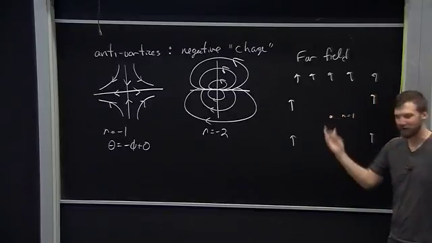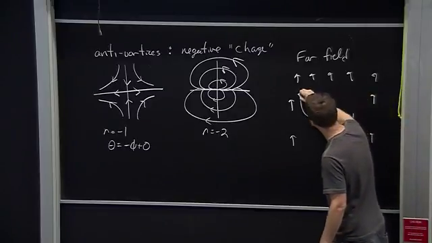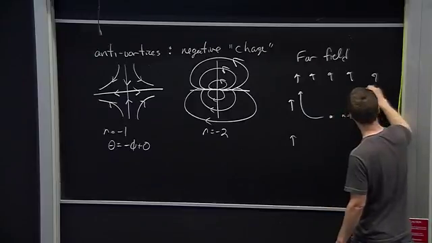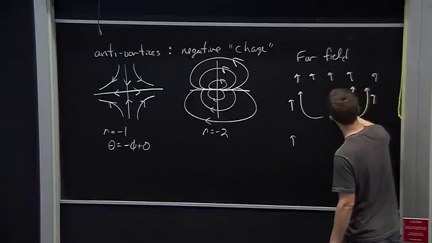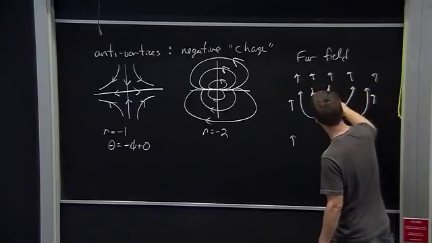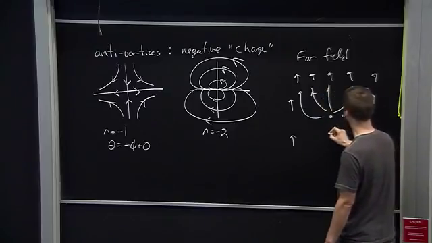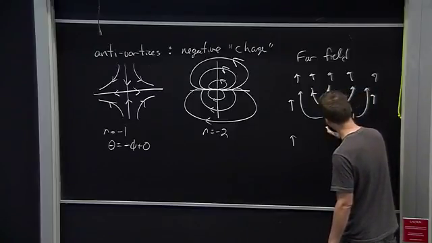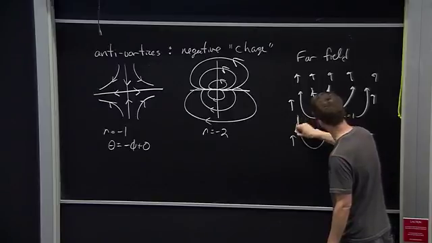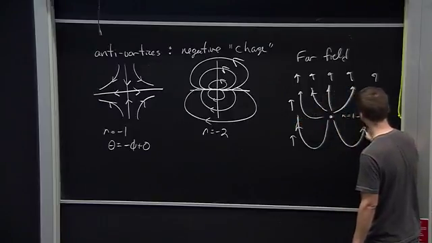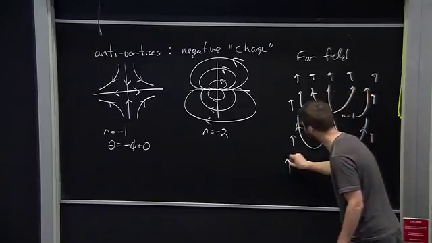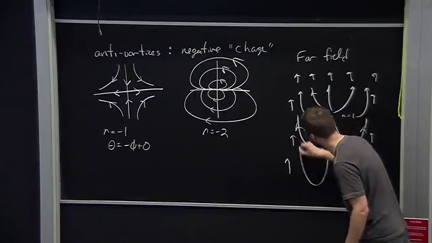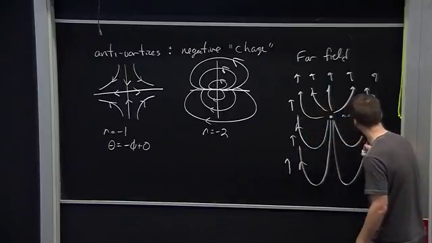So if I take that n equals 1 vortex and I put it here, and I try to bend all those lines of the vortex so that they match the far field, it looks like this. Then down here, I have to bend these things up, right? Because as I go to the extreme, I'm bending my field lines up.